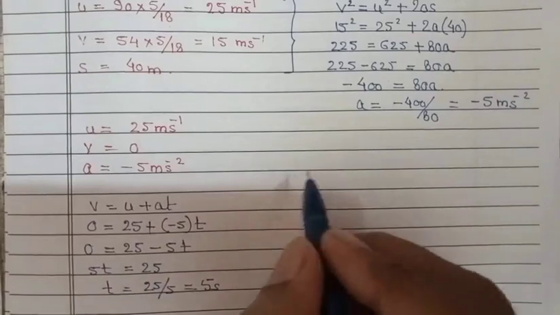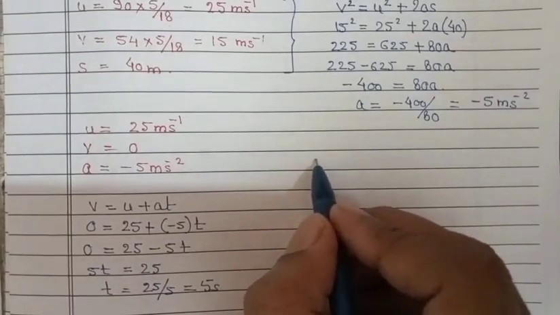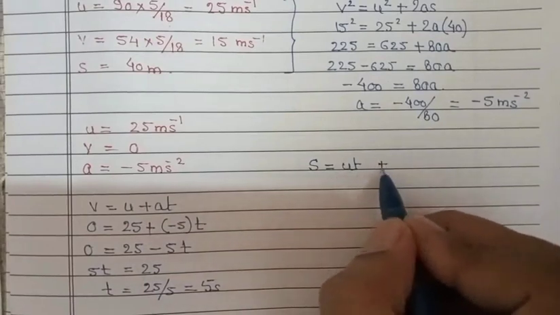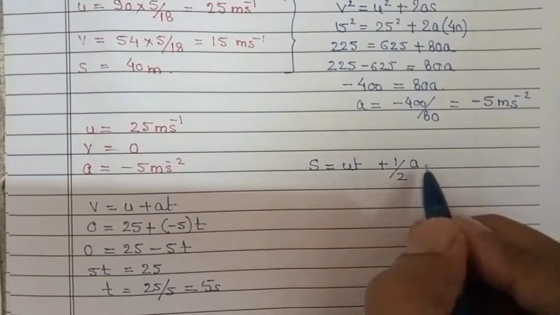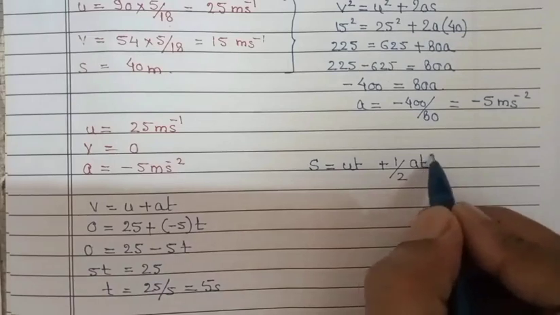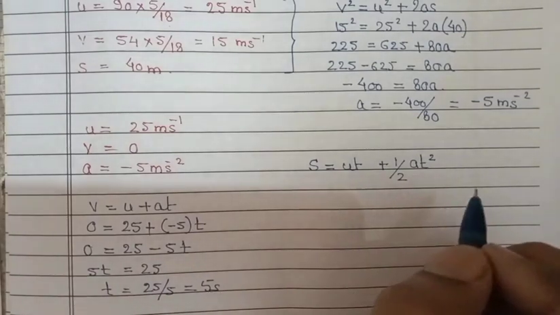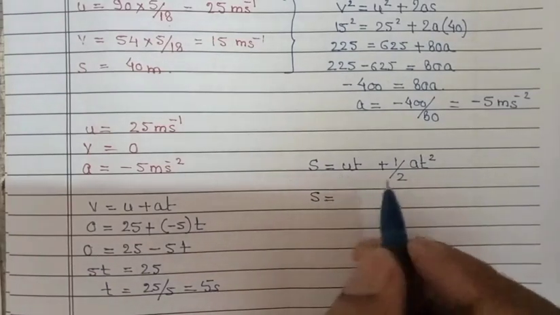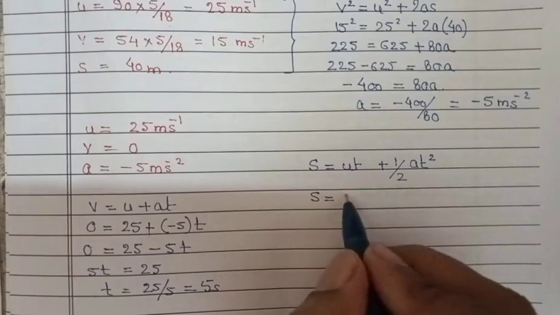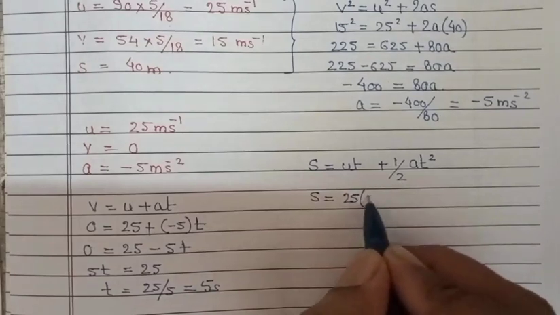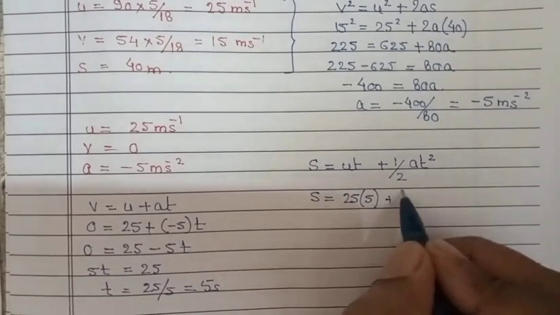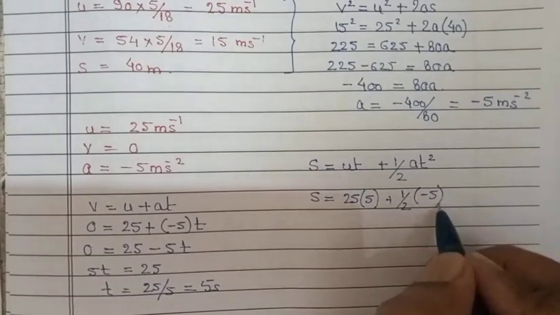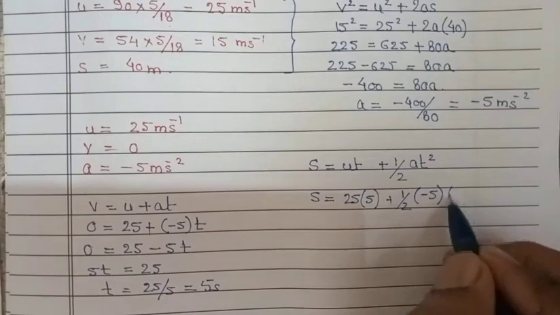To calculate the total distance traveled, you can use the formula s is equal to ut plus half at square. So s is equal to u, initial velocity is 25, time we have calculated is 5, plus half, acceleration is negative 5, into t square, time is 5.